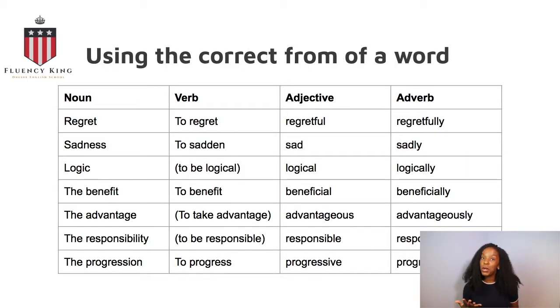So it's important to use the correct form of these words. And it's most important in these 4 categories: noun, verb, adjective, and adverb. There are many words that fall into all 4 categories, and so there are some words that will have 4 different versions of themselves.